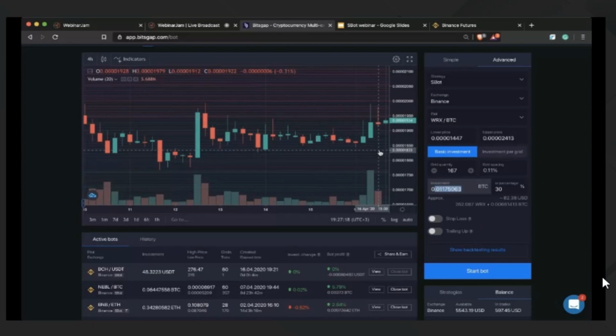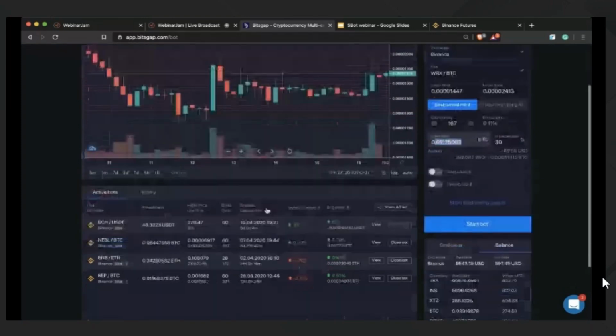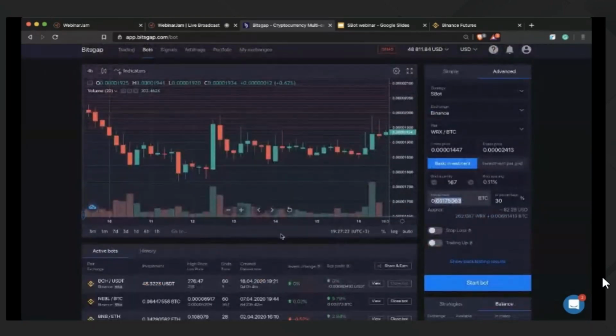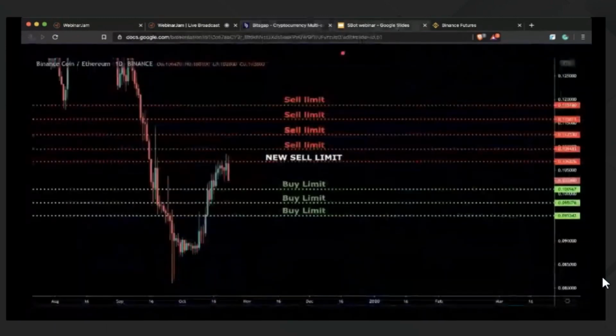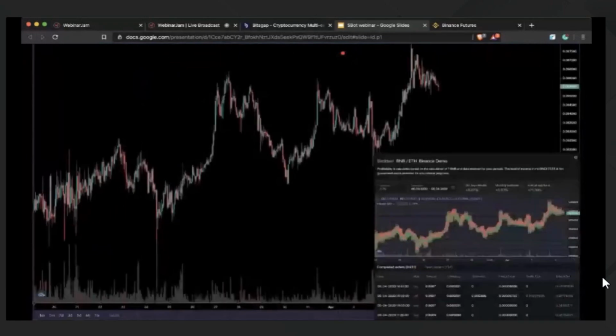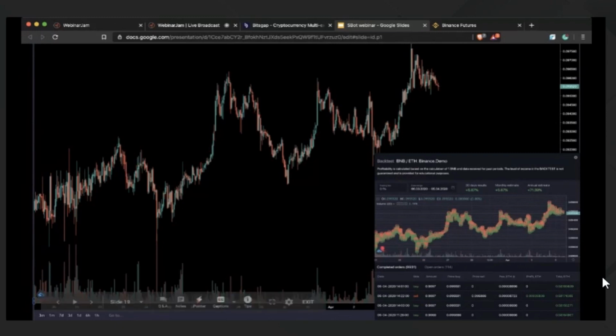And the crucial thing when it comes to automated trading is backtesting, because backtesting tells you how efficient this strategy is. So here's an example of a backtest result, BNB trading to Ethereum. That's the original chart, and that's the backtest result.